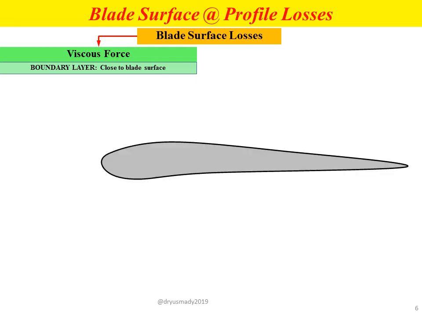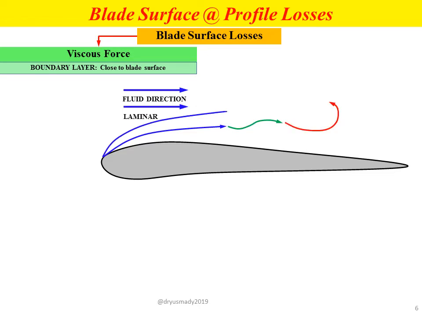Okay, let's look at the figures. The figure shows a single blade profile, and the blue arrow shows the fluid direction on the surface of the blade, and we will have different types of fluid flow on the surface of the blade as shown in the figures.